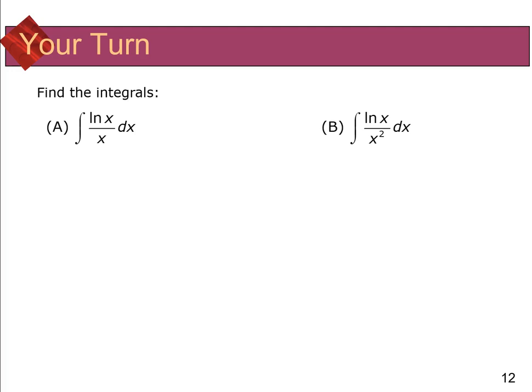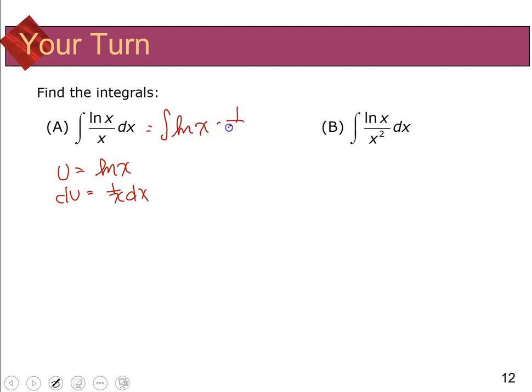For this one, I can do a substitution because u equals the natural log of x, and du would be 1 over x dx. I have the u portion and I have the entire du portion.